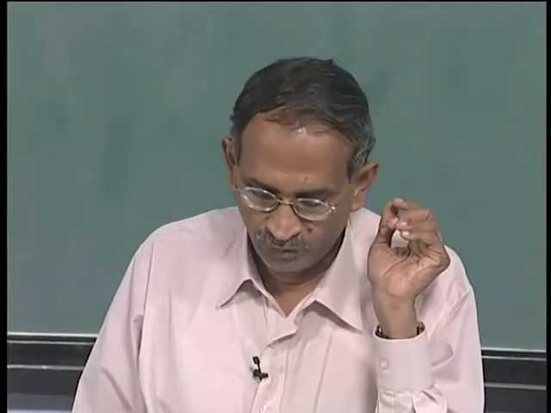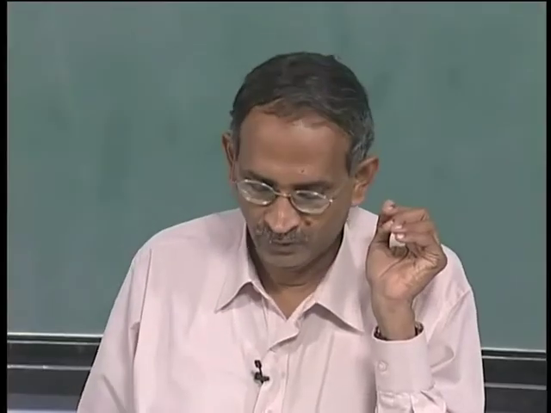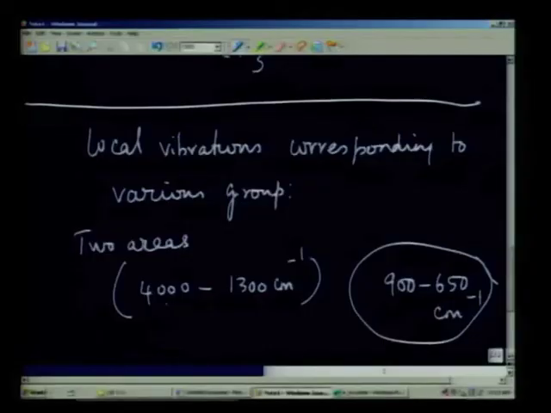What you see at the high end is the stretching frequency, and in between you will see stretching of various groups which are not highly non-polar, or highly covalent bonds versus ionic bonds. If you look at semi-ionic bonds, you see that a whole range of frequencies fall in this region.